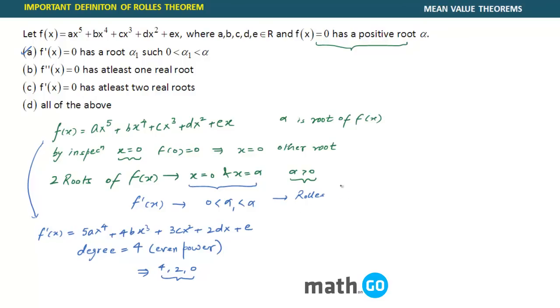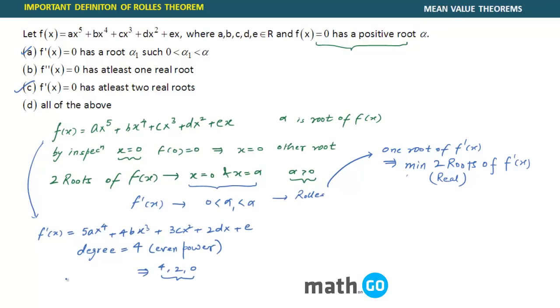Since we have already found that there is one real root of f dash x, this makes sure that there are a minimum of 2 real roots of f dash x. I cannot tell whether all 4 will be real, but that is what I can say for sure, because it's biquadratic. So that means condition C is also true, that f dash x has at least 2 real roots.